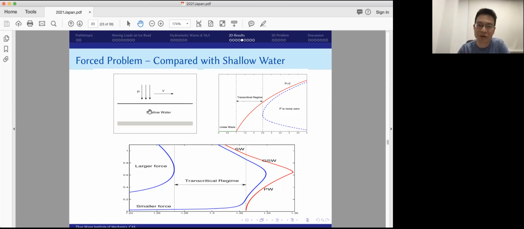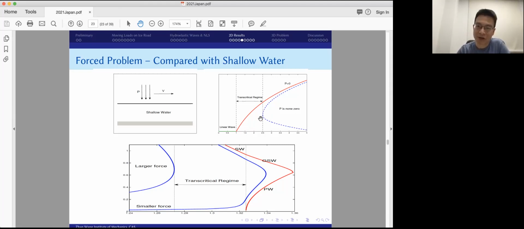Now you add a forcing to the system, a boat on the surface, moving with constant speed, and you try to find a steady solution. Because you add a forcing, you break the symmetry of the bifurcation. Now you have two branches. The upper branch is a small perturbation of free solitary waves, free solitons, and the lower branch is a small perturbation of the free stream, just the ripples.